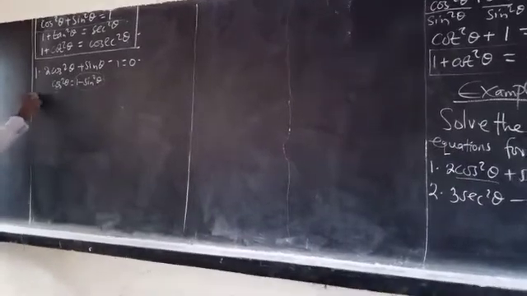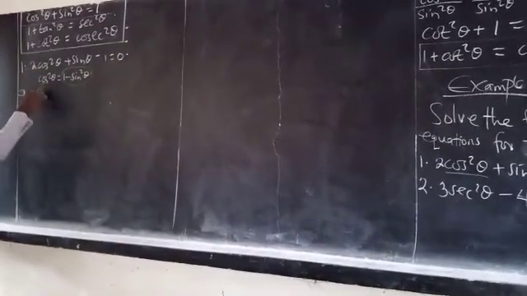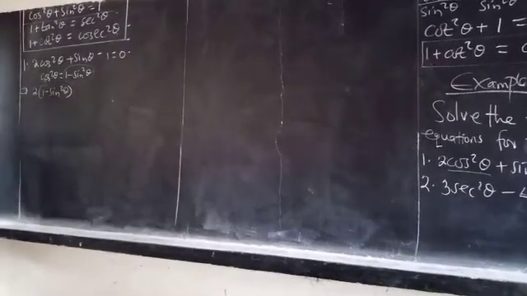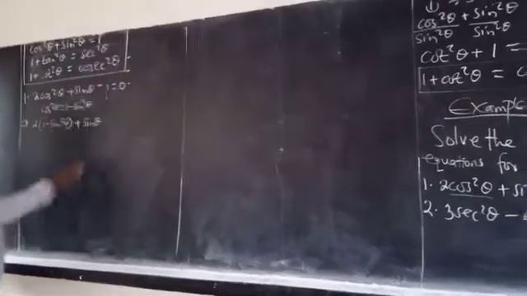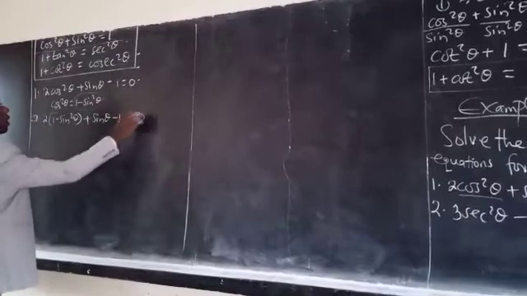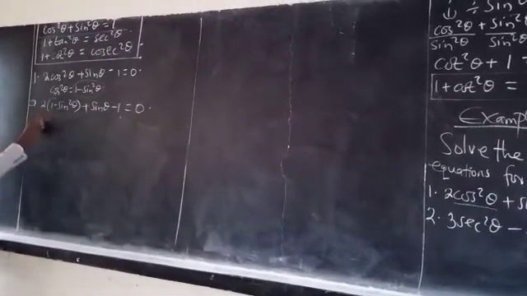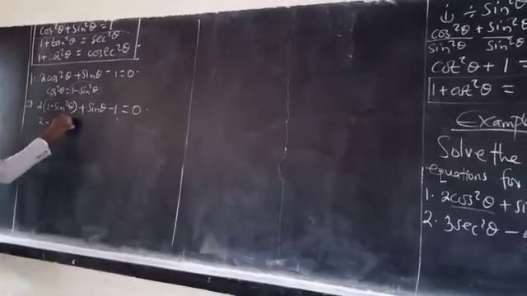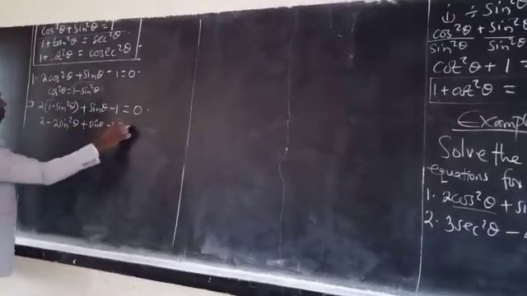So this means that we shall have 2, and cos squared has become that 1 minus sin squared theta. Then plus sin theta, then minus 1 equals 0. This is 2 minus 2 sin squared theta plus sin theta minus 1 equals 0.